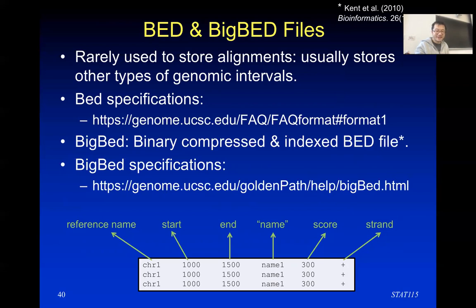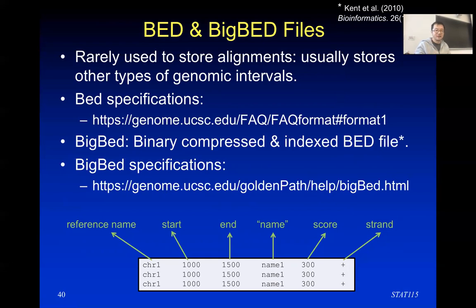Its format is very straightforward. It tells you this interval is on this chromosome, starts at this position and ends at this position, with some name for that interval, and others like score.